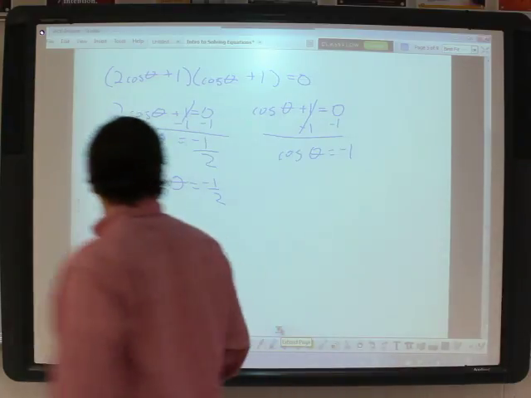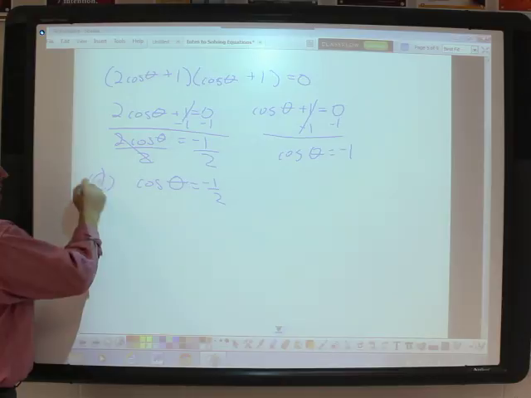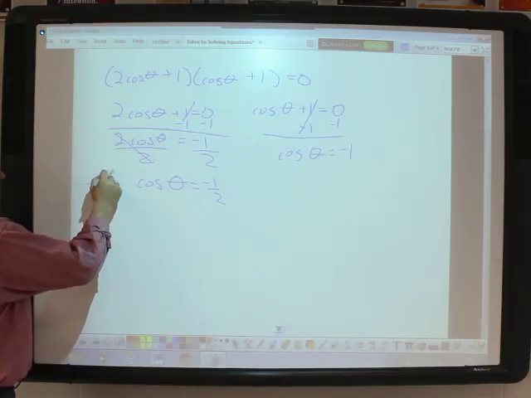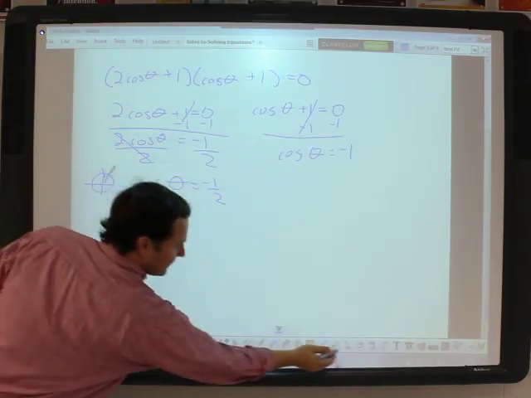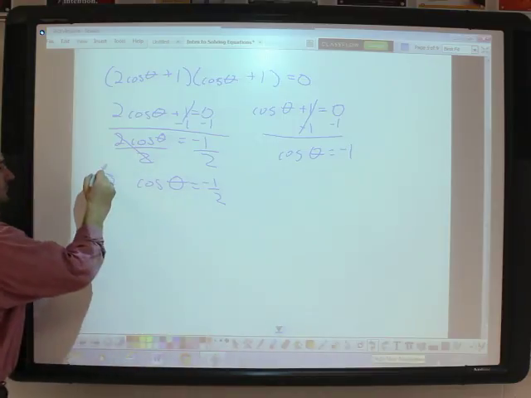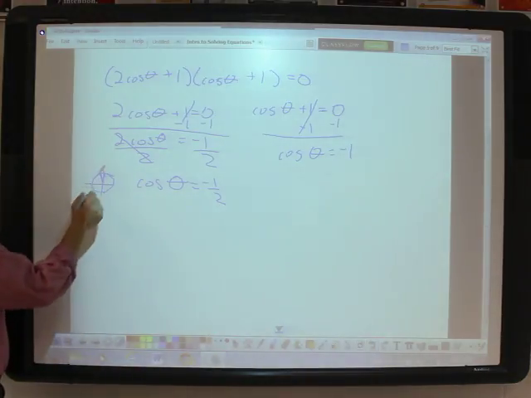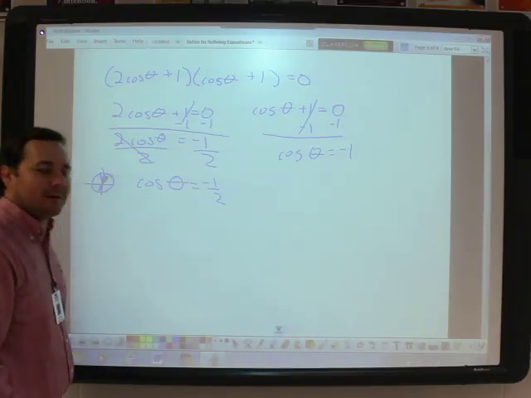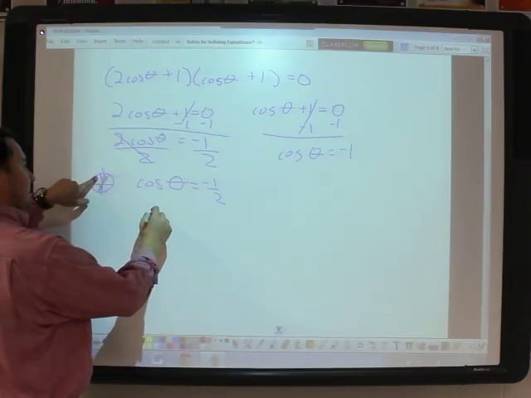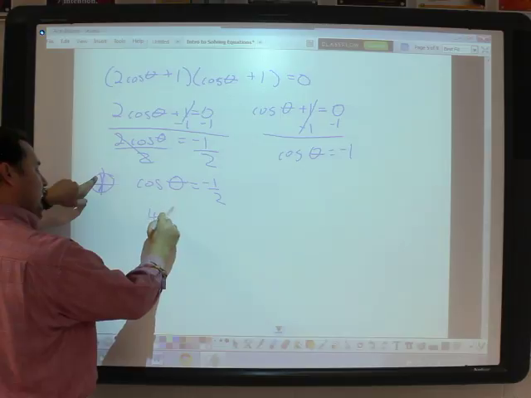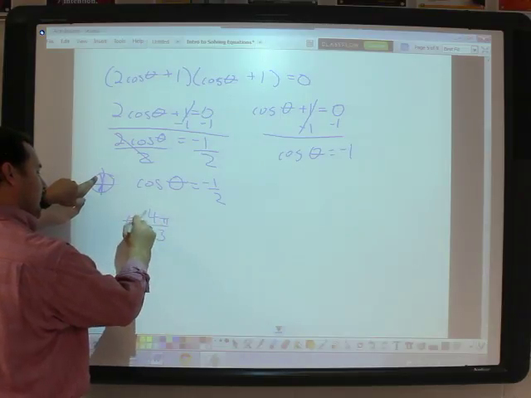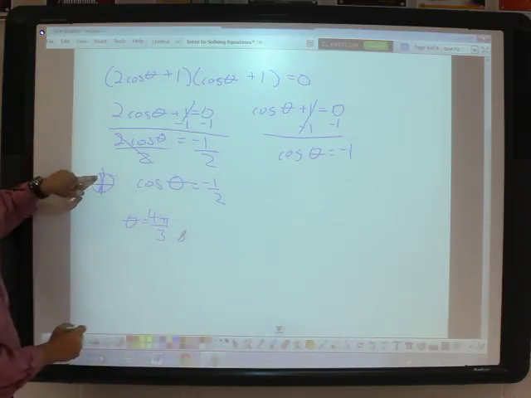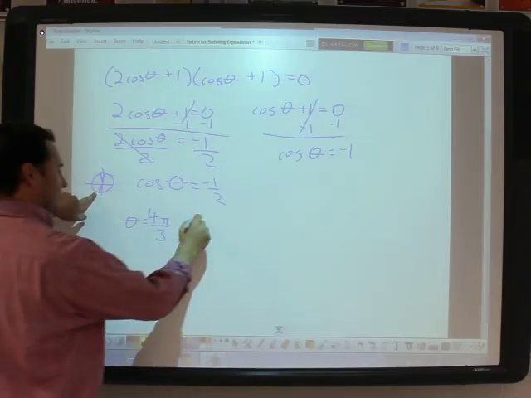Well, cosine is going to be -1/2 at this angle, at 4 pi over 3 and at 5 pi over 3.